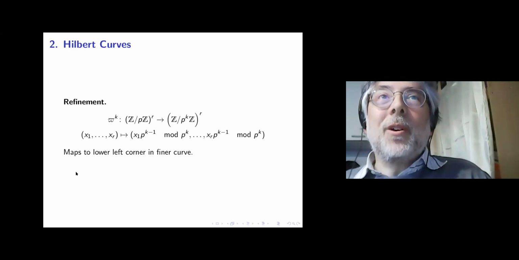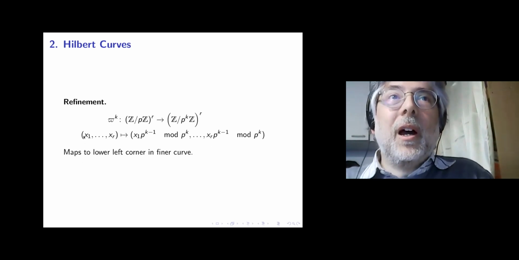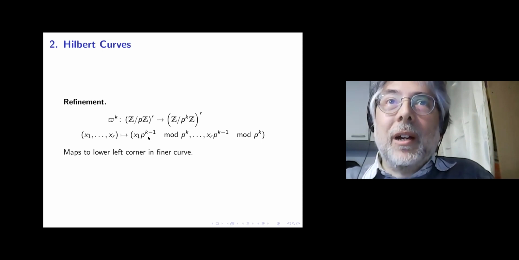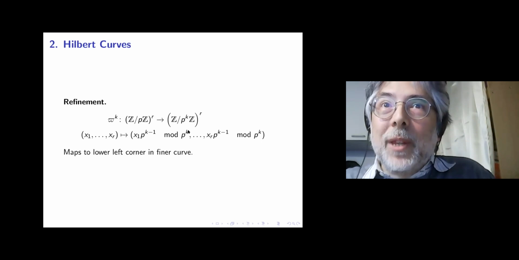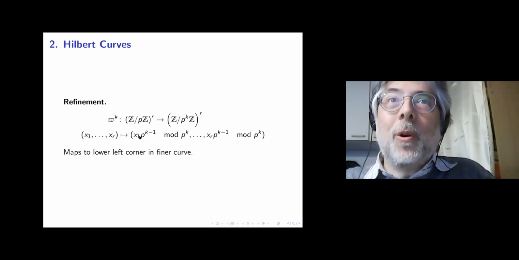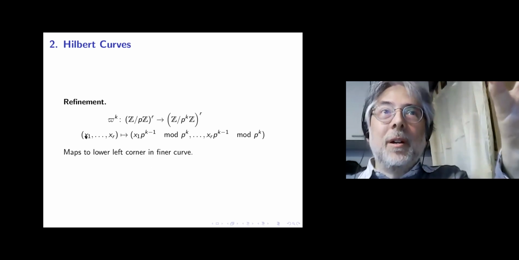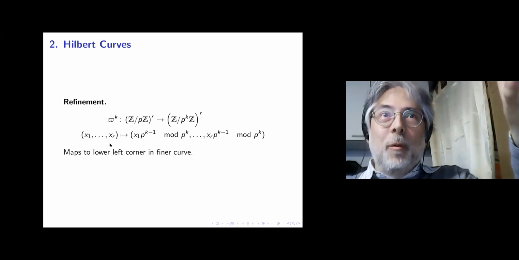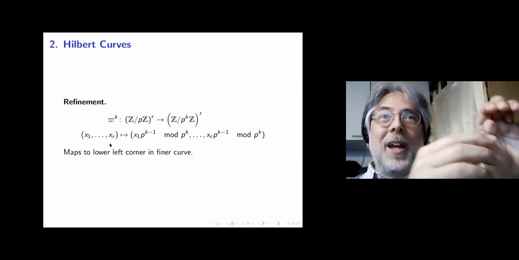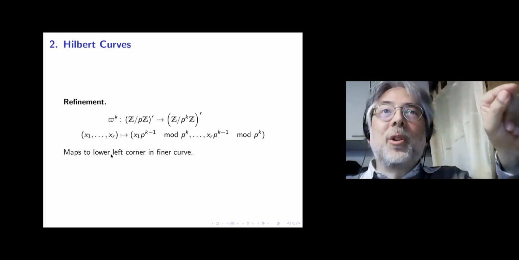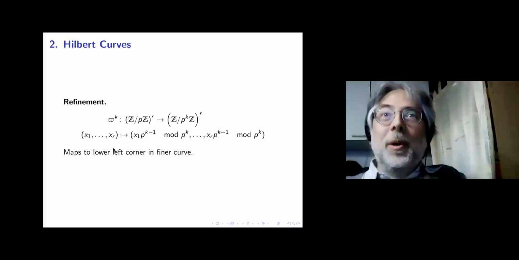And what you have is an operator called refinement. So you just take an r-tuple in this r-dimensional grid and map it to the kth level by taking it modulo p to the k, where you multiply each coordinate with p to the k minus 1. That is, you map this coarse tuple, which corresponds to a coarse point, in this refined grid to the lower left corner of each, if you visualize each point as a cube.